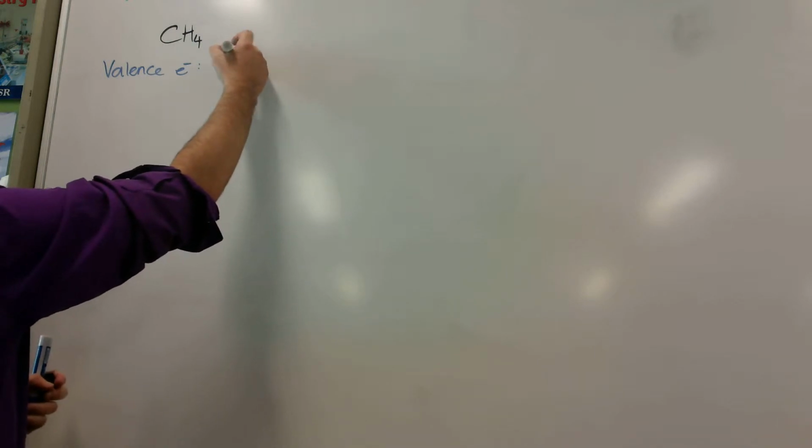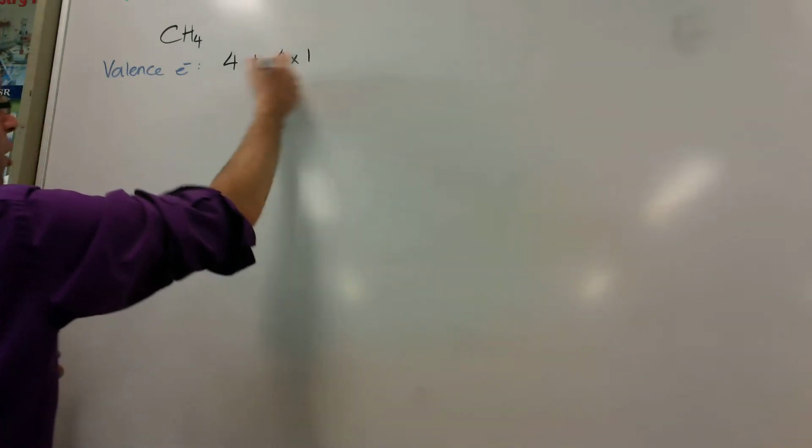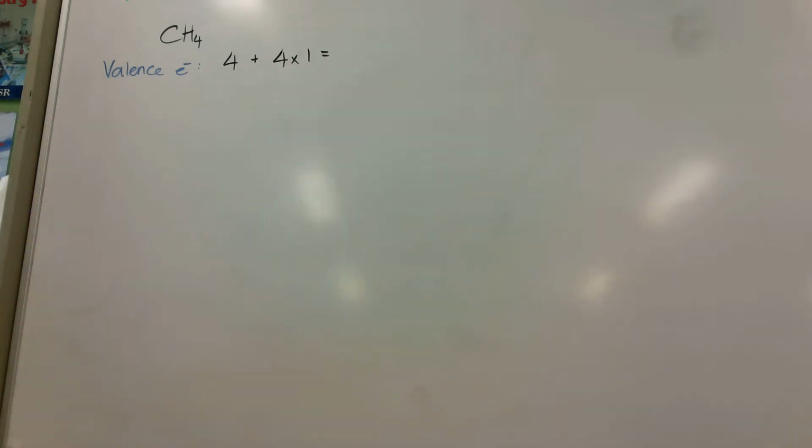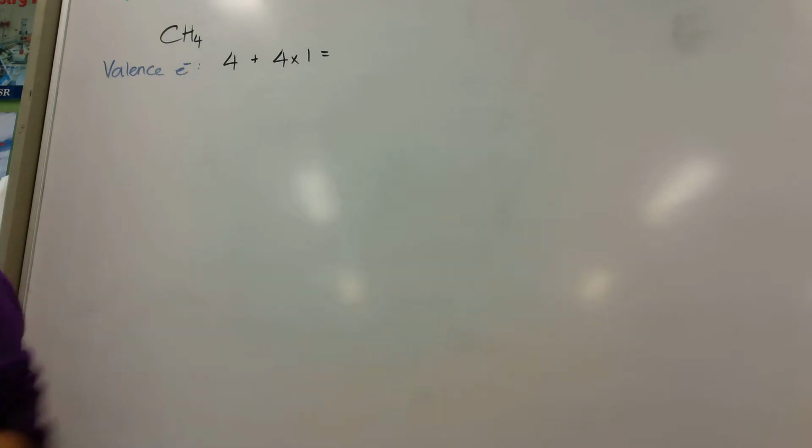Therefore, it is going to contribute 4 electrons. And there are 4 hydrogens in here, and that's number 1, so clearly its electron configuration must be 1. So it must be 4 times 1. So the total number of electrons that I need to have in this compound is 4 plus 4, 8.